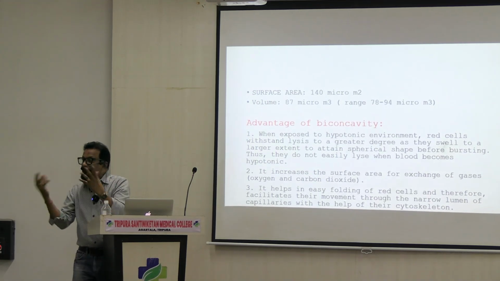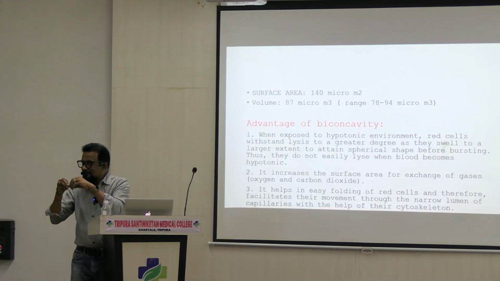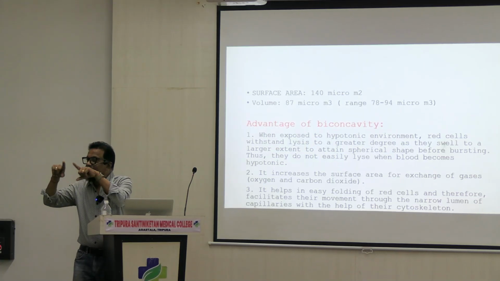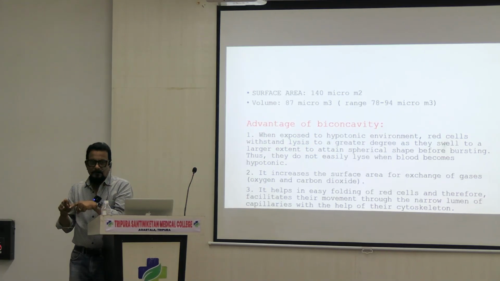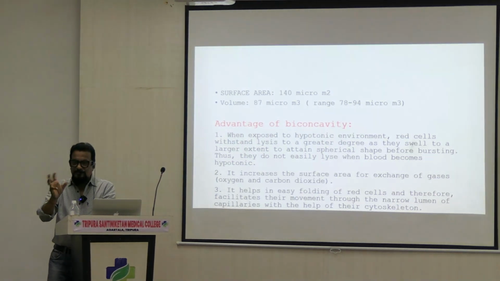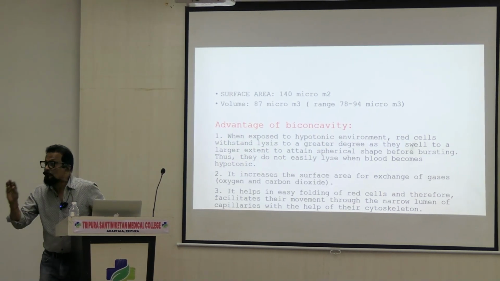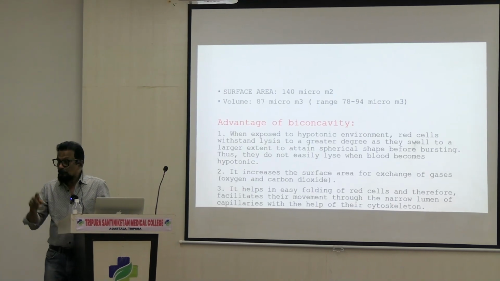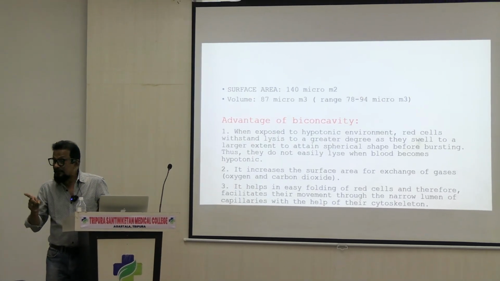It can accommodate fluid within this, up to a certain limit, and because of this, it will take the round shape. So, this type of RBCs are called spherocyte. It takes the shape of sphere. So, that's why it is called spherocyte.